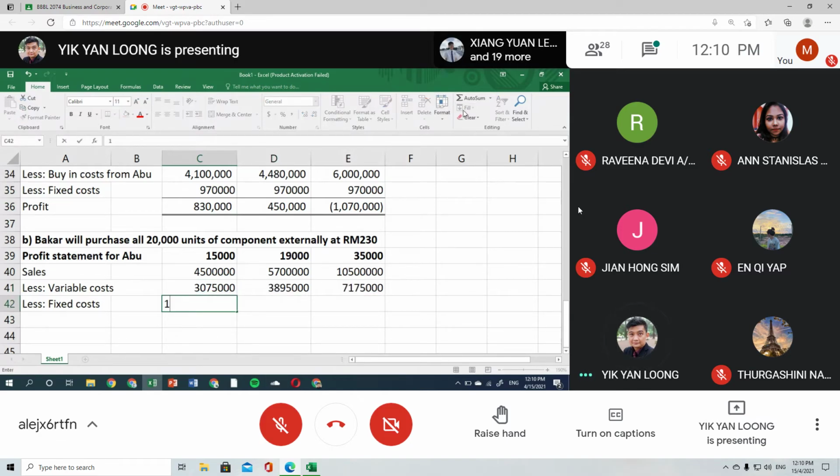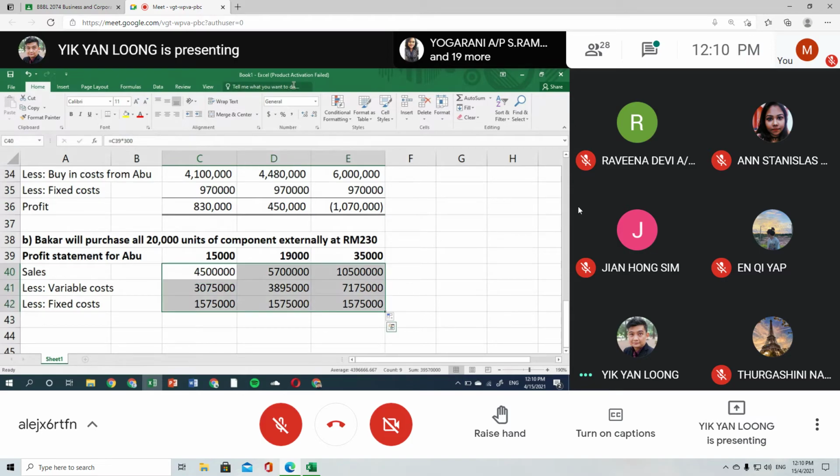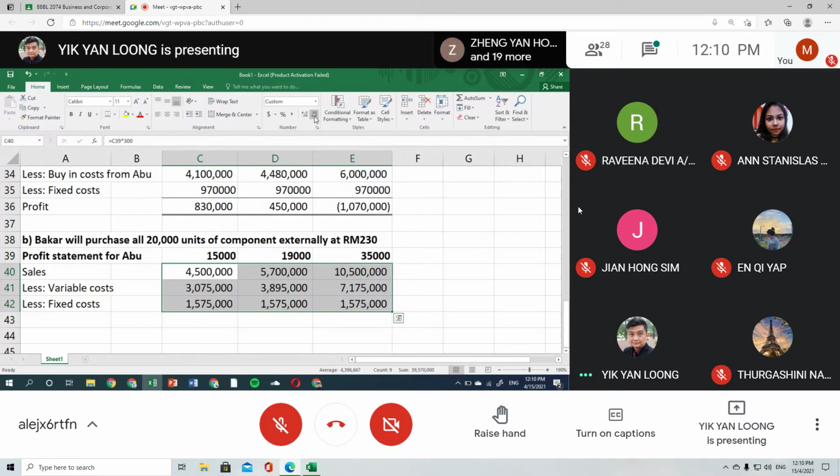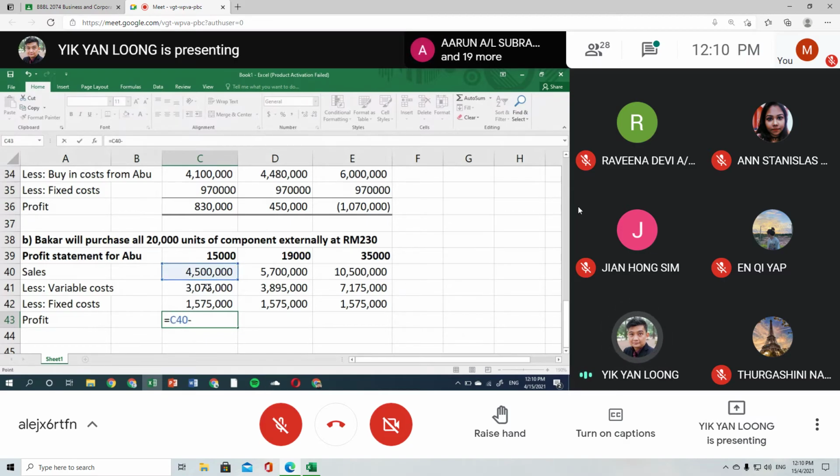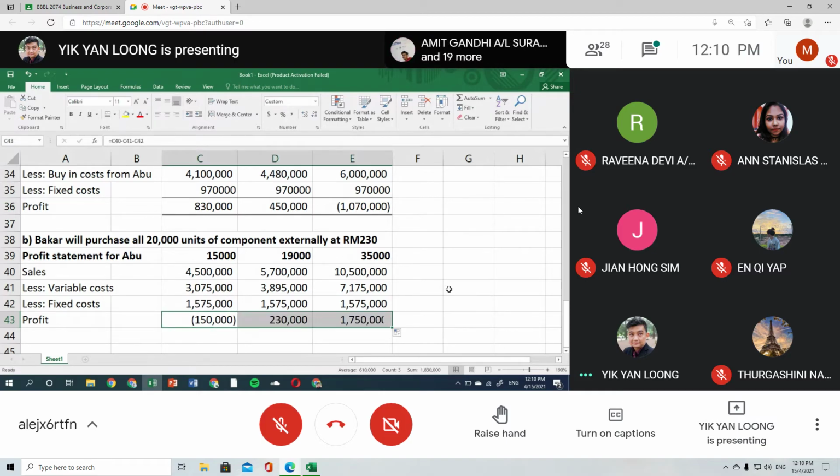Fixed cost incurred is 1,575,000. 1.575 million. Therefore, your profit, right, it will be sales minus this minus this. Right?